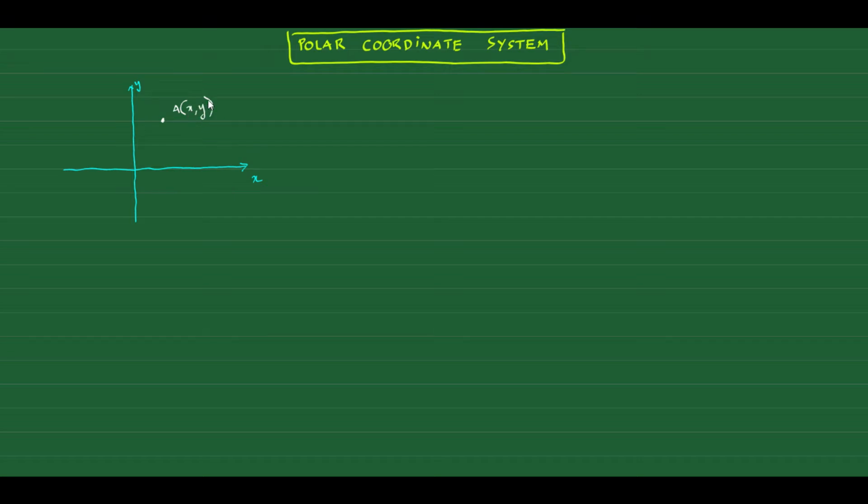The component X represents the distance from here to here. So this is your X. And the component Y represents the distance from here to here. Now I just go ahead and connect point A to the origin.